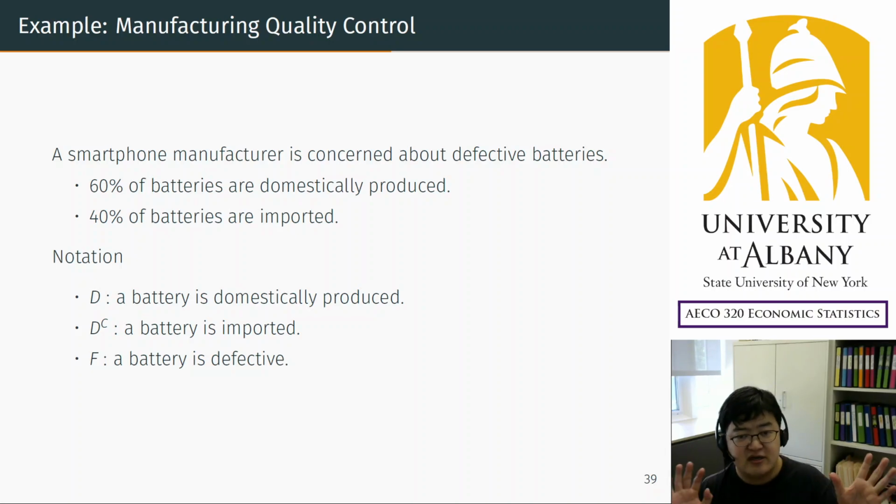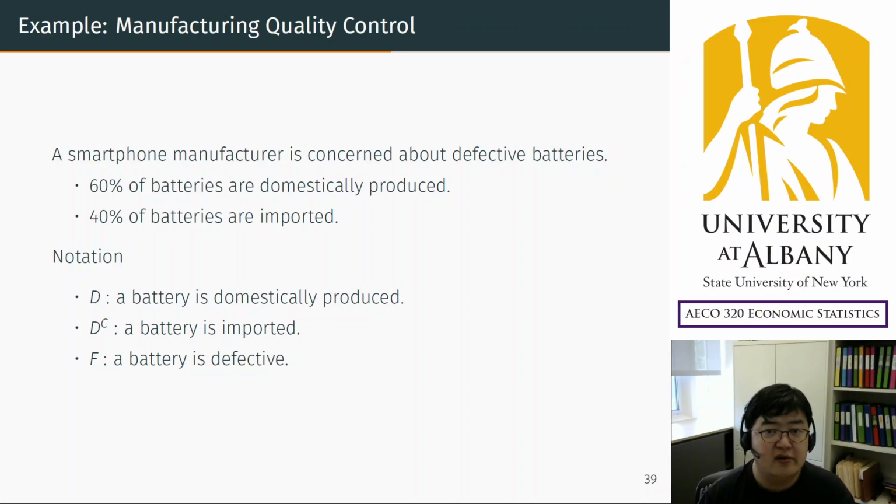Based on this situation, we will define two basic events again. It's a 2 by 2 example again. D stands for domestic supplier. Actually, it's confusing because D may stand for defect, but please understand.